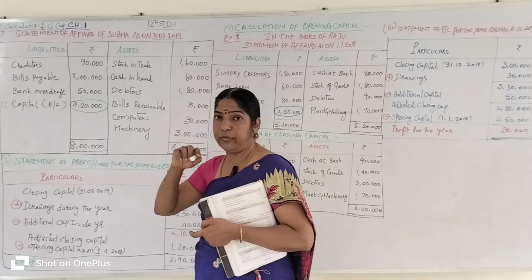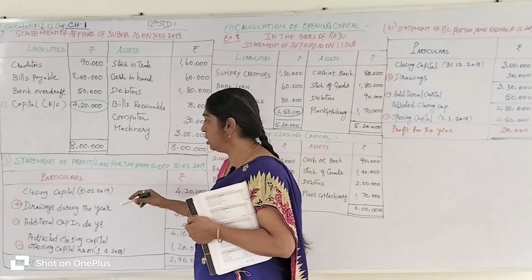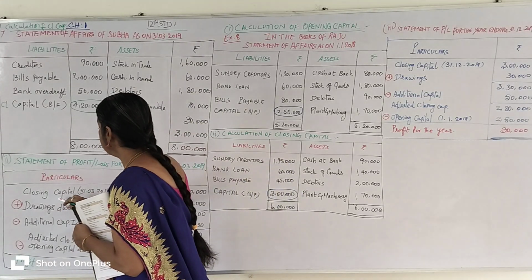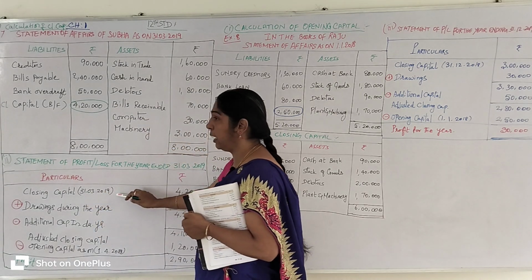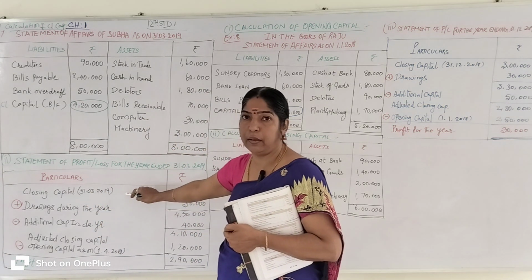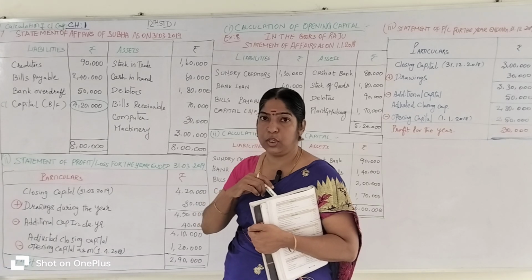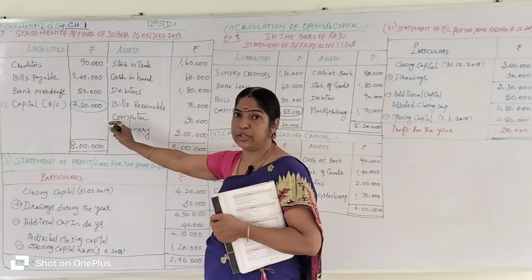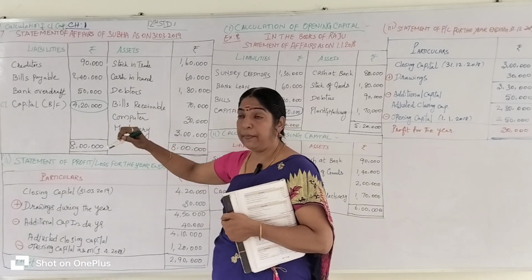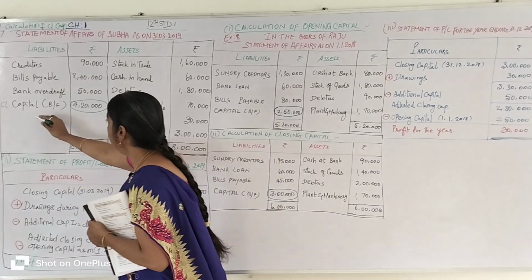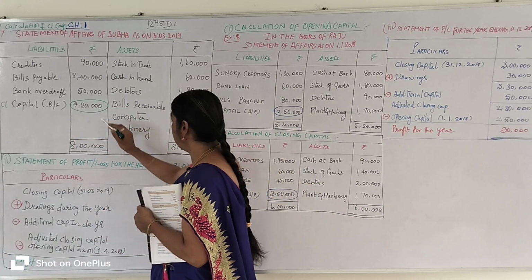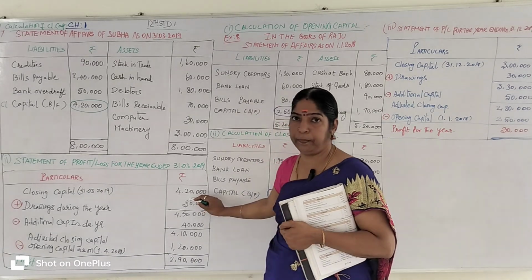According to the statement of affairs format to find out the profit or loss, we write closing capital 31/3/2019. Where do you get the closing capital? Whether from your question or from the calculation of closing capital, the value 4,20,000 rupees you are going to enter here.